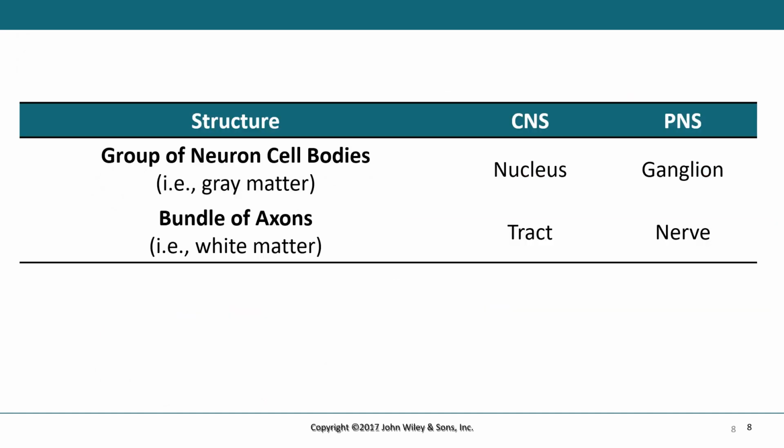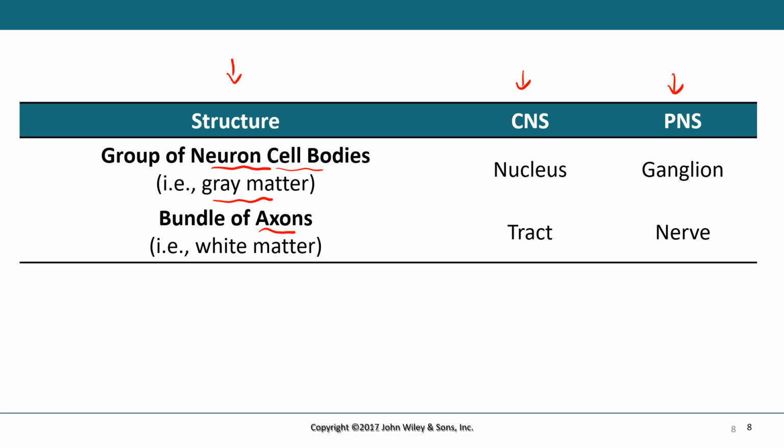So to summarize, I talked about two structures: one that is a group of neuron cell bodies, and the other that is a bundle of axons. The group of neuron cell bodies, for example the gray matter, has different names in the central nervous system and in the peripheral nervous system.